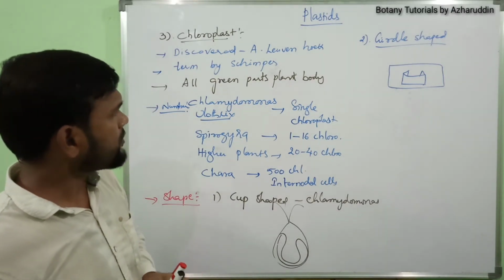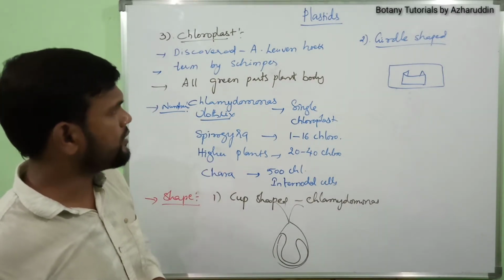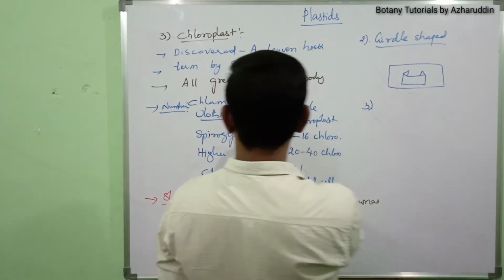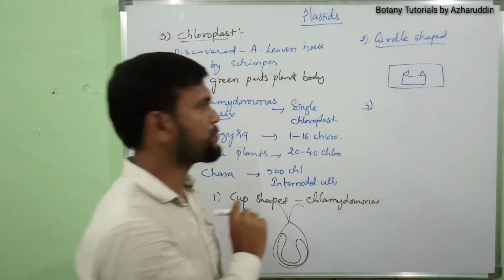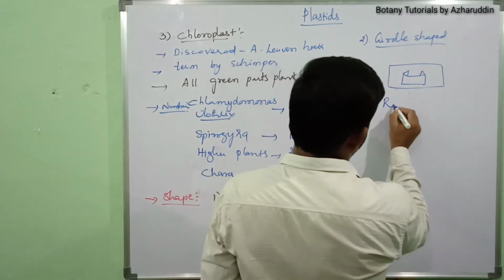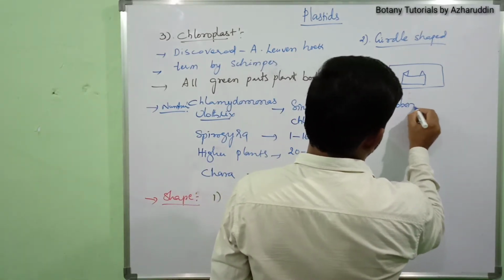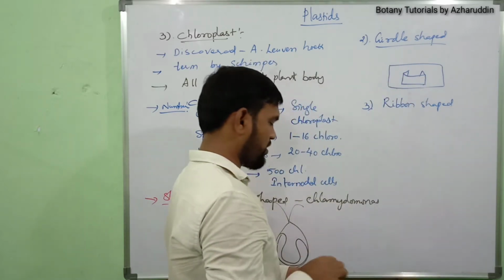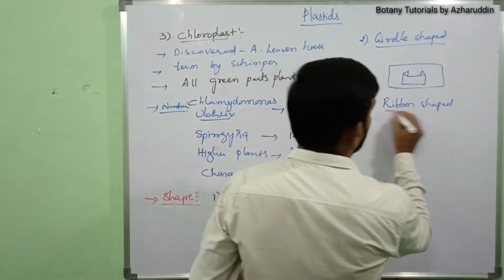Next, the chloroplasts are ribbon shaped in Spirogyra. Ribbon-shaped chloroplasts are found in Spirogyra.